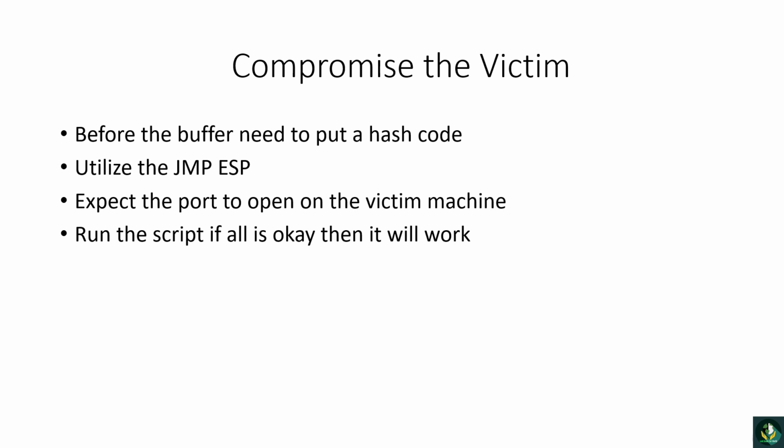When you find the jump ESP and send it to the memory, it will automatically go to the ESP and be executed. And this is very important because this is what will be sent to the EIP, and according to that the EIP will automatically go and execute. So what is ESP?